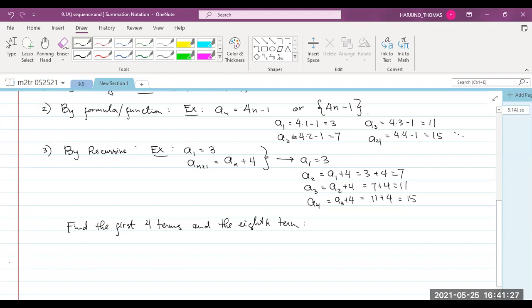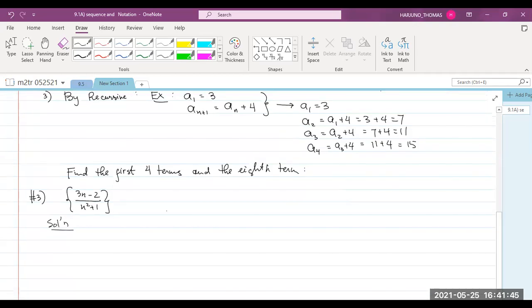So for number 3, we have this sequence here, 3n minus 2 over n squared plus 1. So what are the first 4 terms? What is A1, A2, A3, A4?